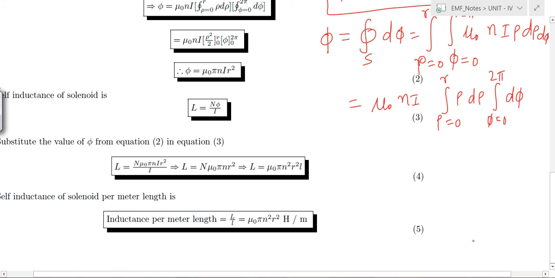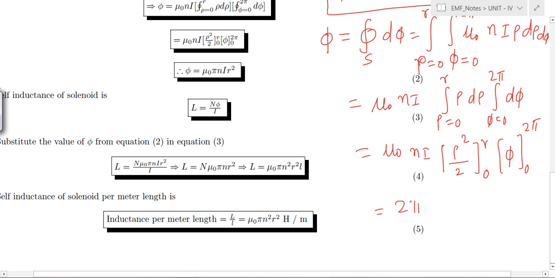So which is equal to mu naught n I rho square by 2 from 0 to r and phi from 0 to 2 pi. So 2 pi into mu naught n I r square by 2.